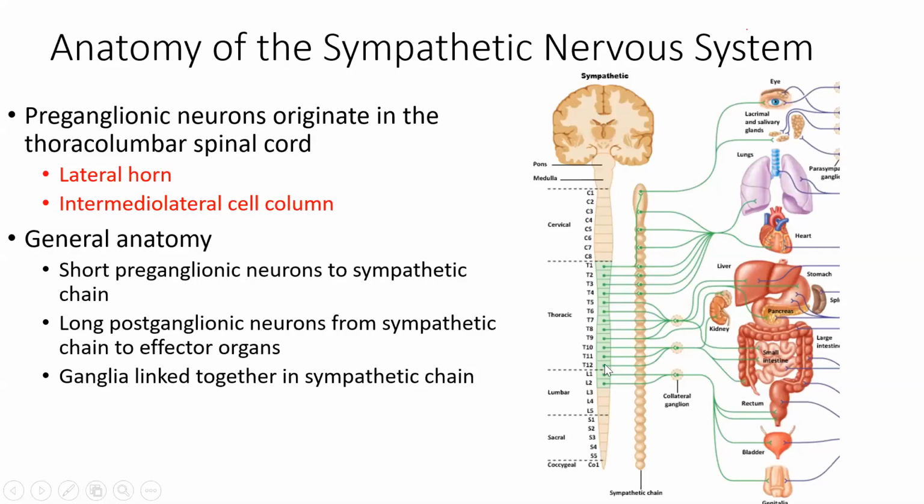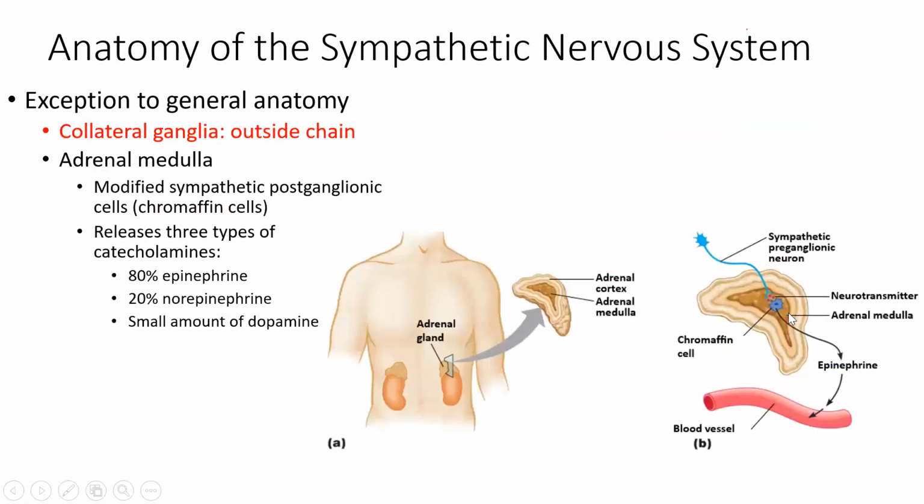They go from the spinal cord to the sympathetic chain and then out to the effector tissues. But there are also two alternate routes of communication. The first alternate route is if they synapse onto a collateral ganglia, a ganglia that is not a part of the sympathetic chain.